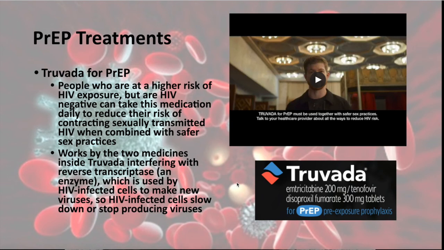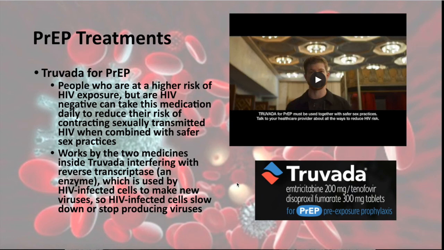So people who are at a higher risk of HIV exposure, but are still HIV negative, would take this medication every day to reduce their risk of contracting HIV sexually when combined with safer sex practices. So using condoms and things like that.